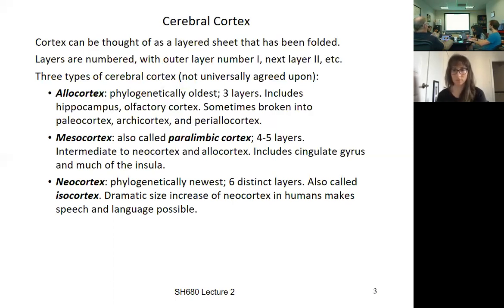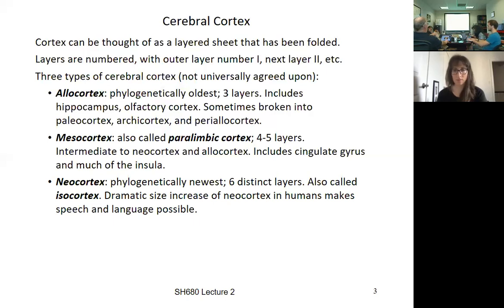Humans have a dramatically increased percentage of neocortex compared to other primates and other animals for that matter. And it has 6 layers, as I described, and another term for neocortex is isocortex. Usually you only hear that, I think, in the detailed neuroanatomy literature, so neocortex is what we'll call it if we use that to distinguish it from paralimbic.